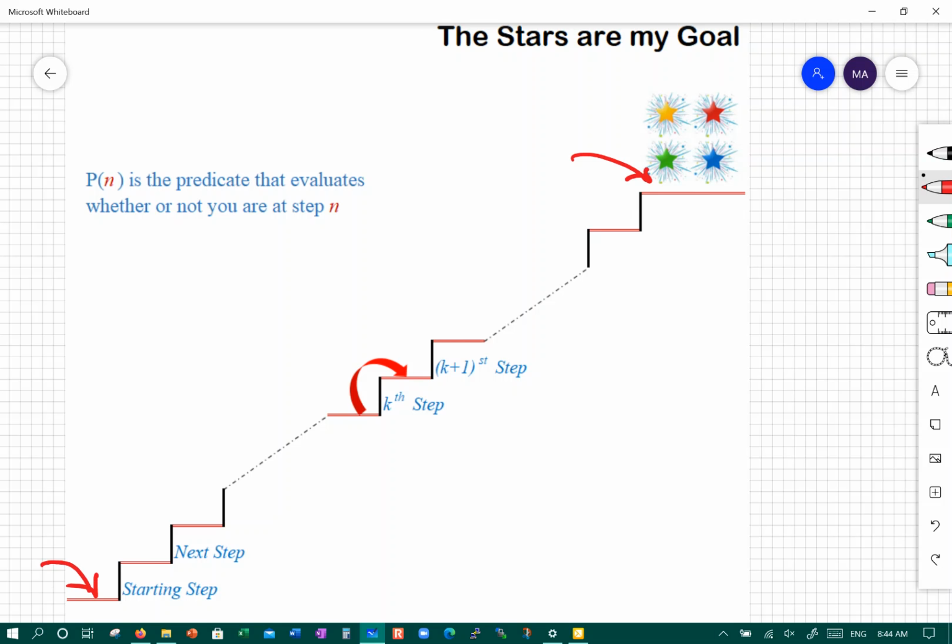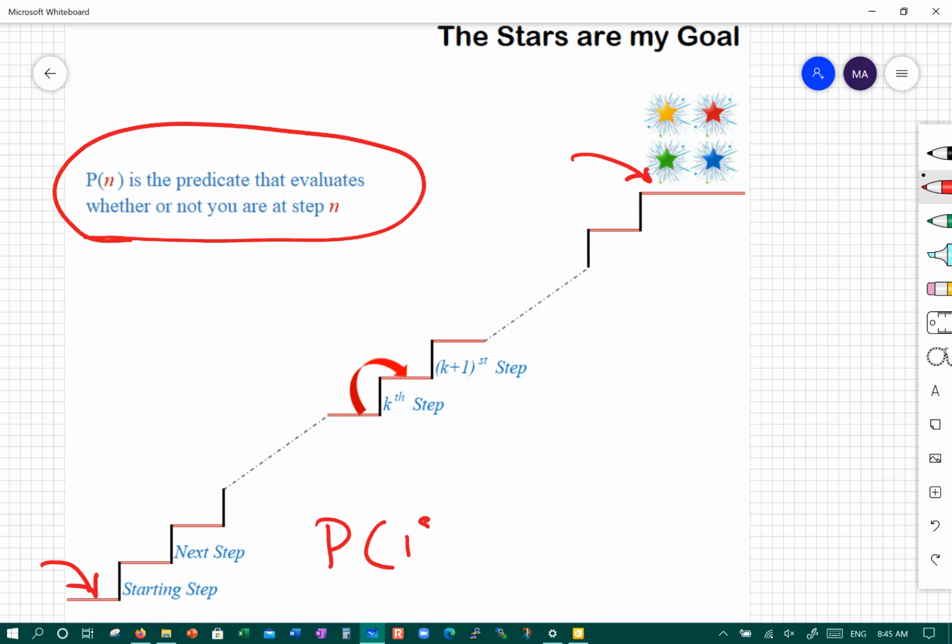Logically speaking, if we define a predicate that returns true or false based on whether or not you are at a given step, P of n means, are you truly at step number n or not? So prove to me that you are truly at the first step. Prove that this property is true here at the first step.